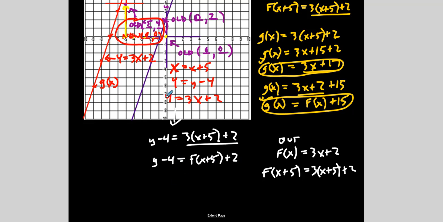Okay, actually it's not plus 2, because f of x plus 5 is 3x plus 5 plus 2, so I can replace this entire expression with this. My last step is I add 4 to both sides, so I get y is f of x plus 5 plus 4. And then, of course, y is also g of x.